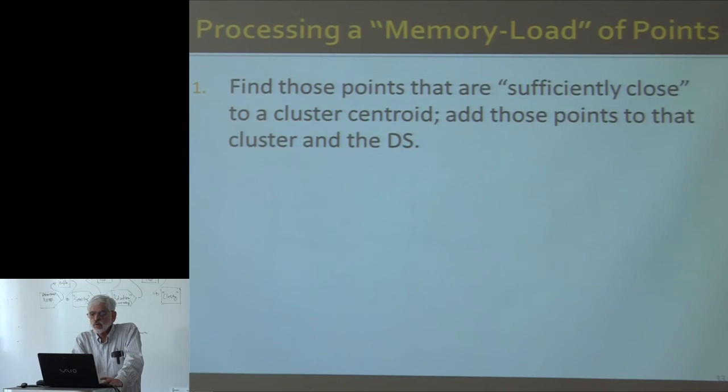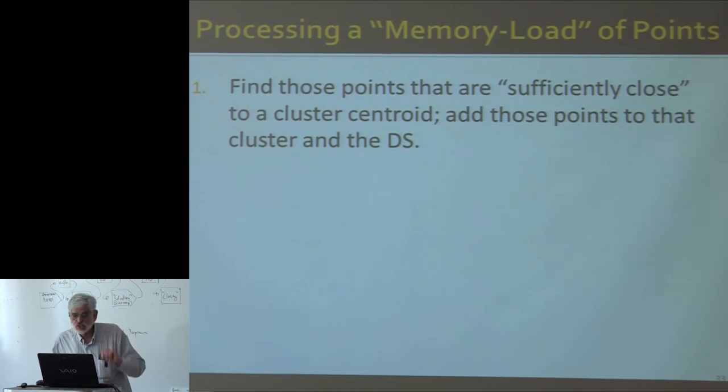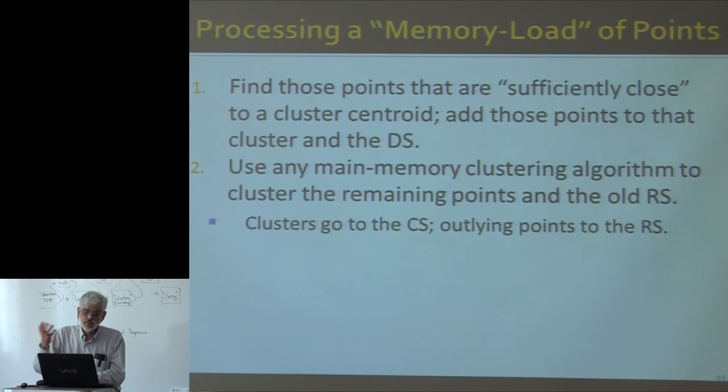Okay, now a new memory load comes in. The first thing we're going to do is find those points that are "sufficiently close", and I put quotes around it because I don't know what that means just yet, to one of the cluster centroids. You know where the cluster centroids are, and you just add those points to the cluster, and they become part of the discard set.